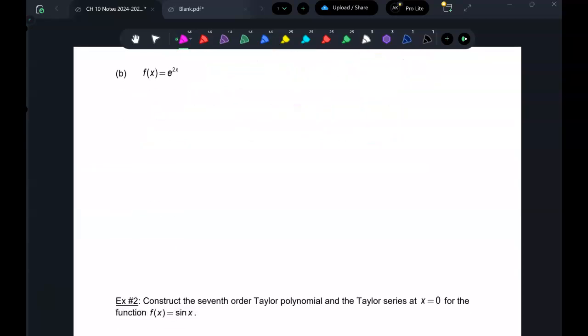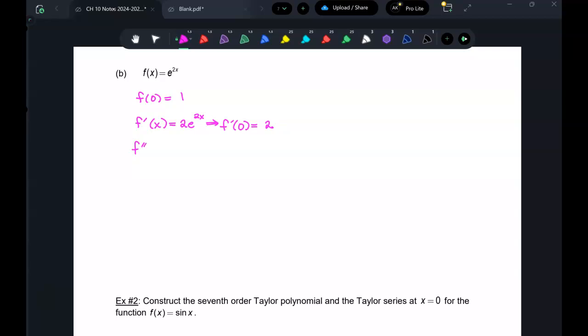Let's look at another one: e to the 2x. Same thing, I want you to go to the 4th order. So f of 0 is 1. f prime of x is going to be 2e to the 2x, so f prime of 0 is 2.